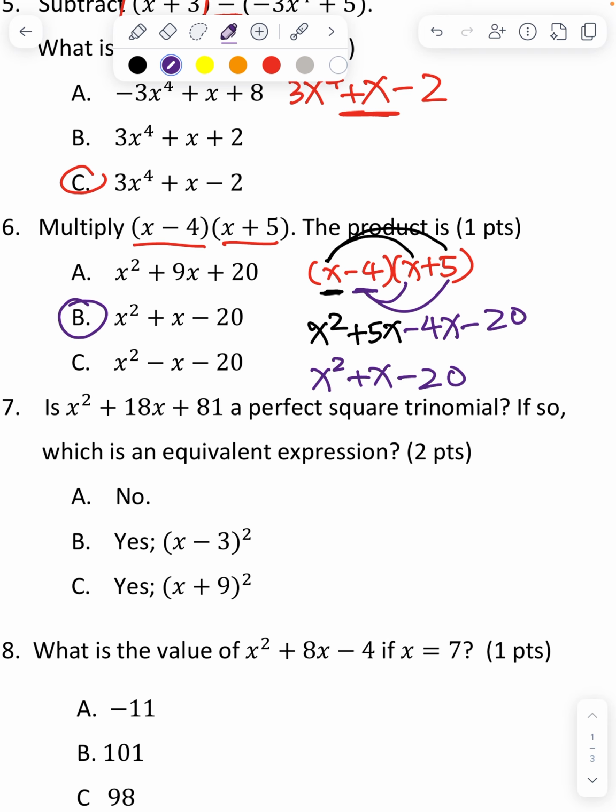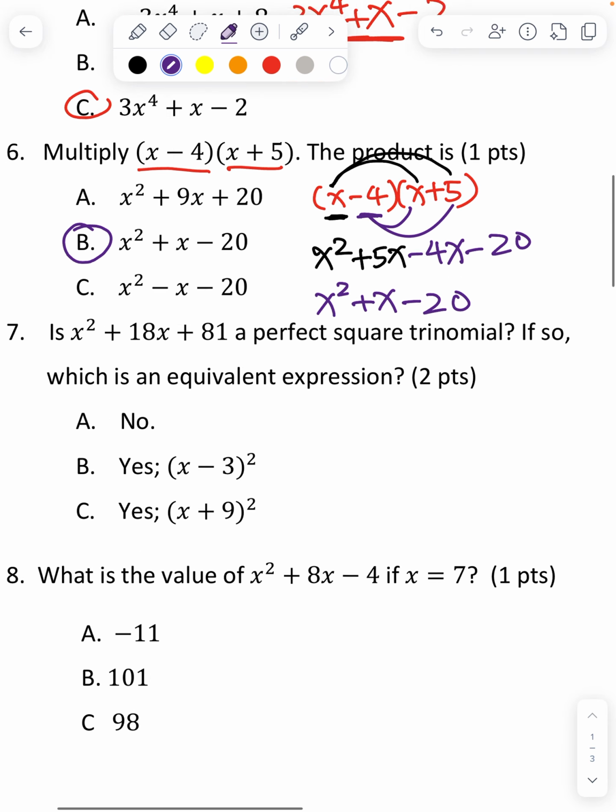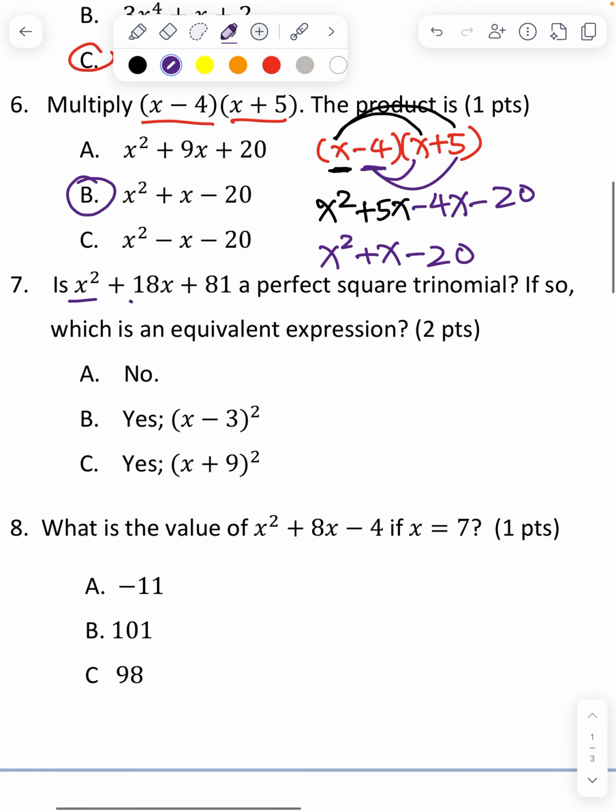Okay, number 7. x squared plus 18x plus 81. Is this a perfect square trinomial? If so, which one is the equivalent expression? Yes, it is.